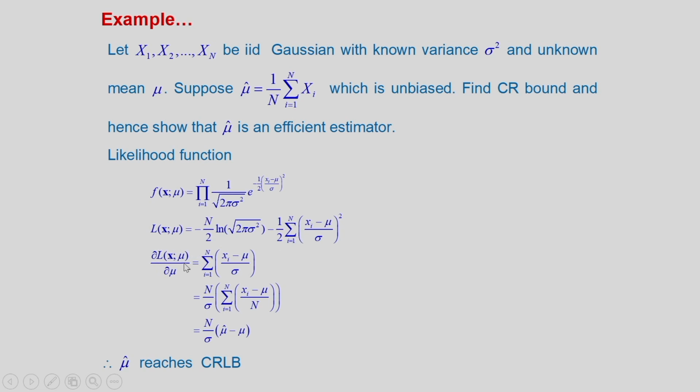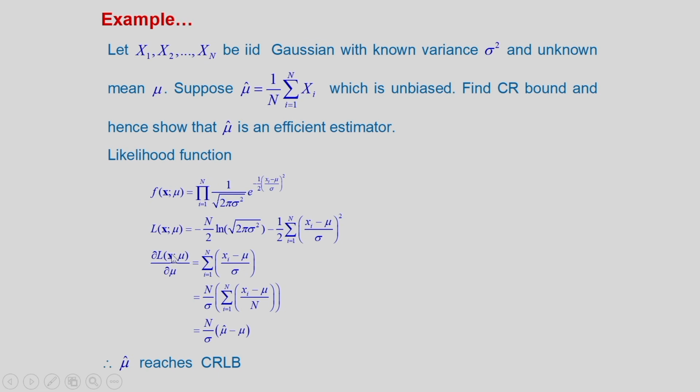Del L by del mu will be equal to the summation of xi minus mu by sigma square, i going from 1 to n, because when we take the partial derivative, the 2 and 2 get cancelled. Now sigma is there; I will take it out and write n here and divide by n here, so that this expression can be simplified as n by sigma square into mu hat minus mu.